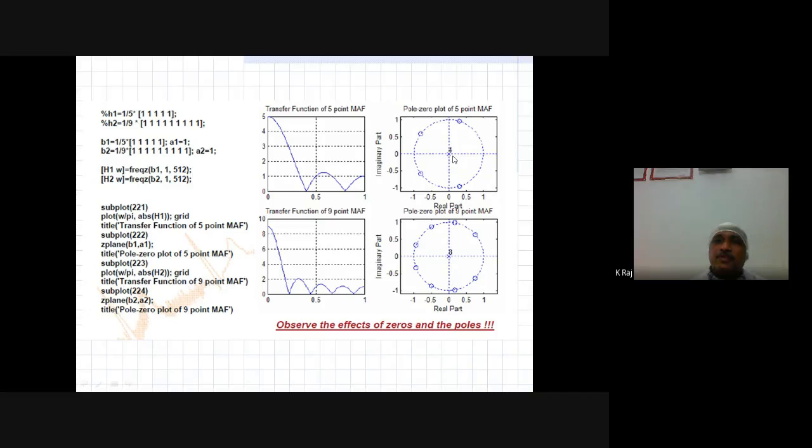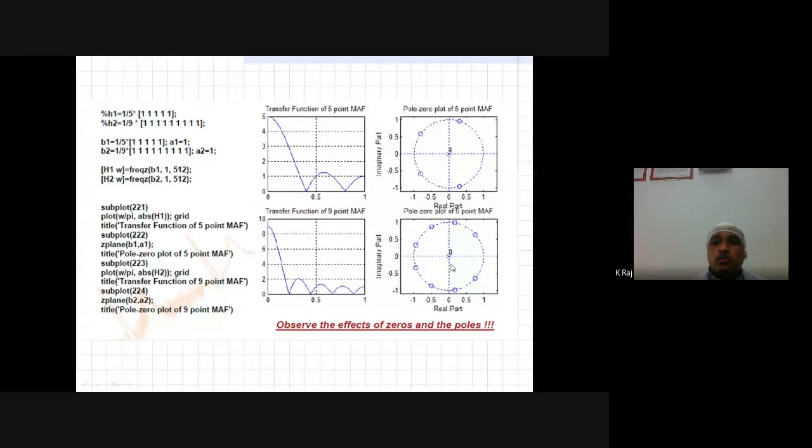We consider the same function discussed in the previous case, but we are using a 2 cross 2 matrix, so there will be 4 figures. The first is described by 2,2,1. The second is the pole-zero plot for the first transfer function, 2,2,2. Then 2,2,3 is the magnitude plot for the 9-point moving average filter, and 2,2,4 is the pole-zero plot of the 9-point moving average filter.